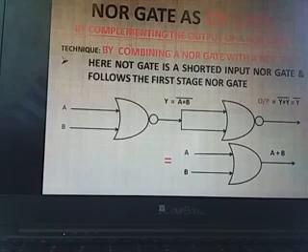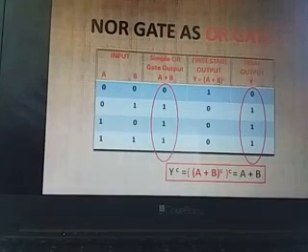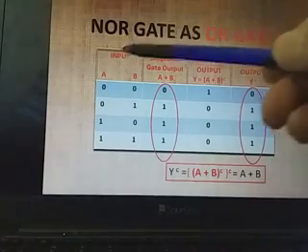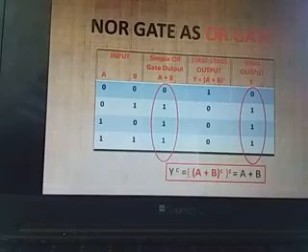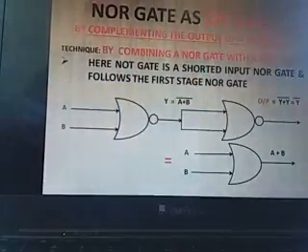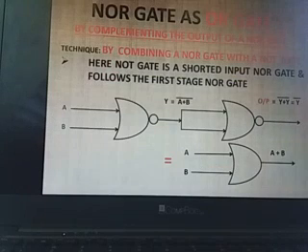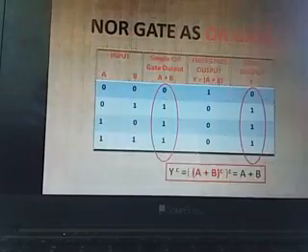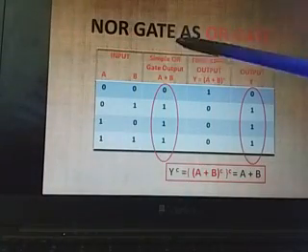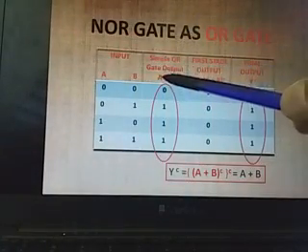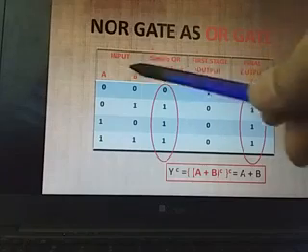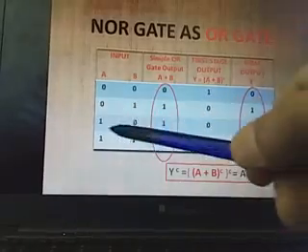Now let us try to understand it from the truth table. If we have the inputs A and B, then the simple OR gate output will be A plus B, the sum of the inputs.